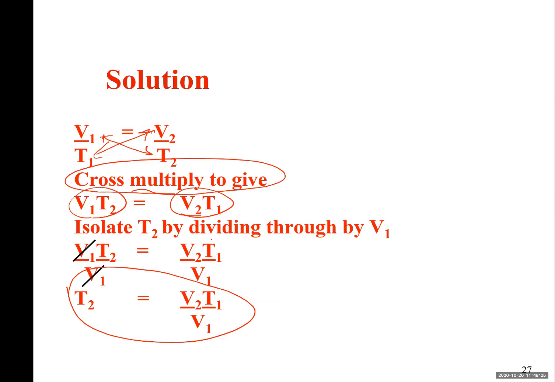Your unknown here is T2, so you divide both sides by V1. Cancel V1, and you're left with T2 is equal to V2 T1 over V1. Any questions? Please come and see me if this sounds difficult to you. All right.